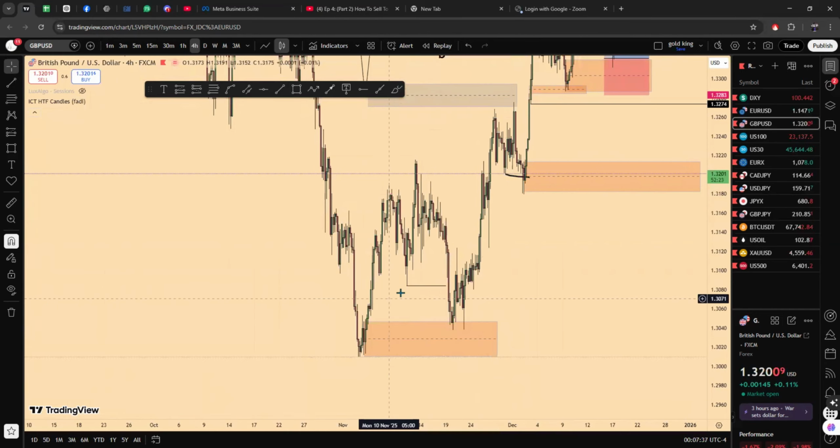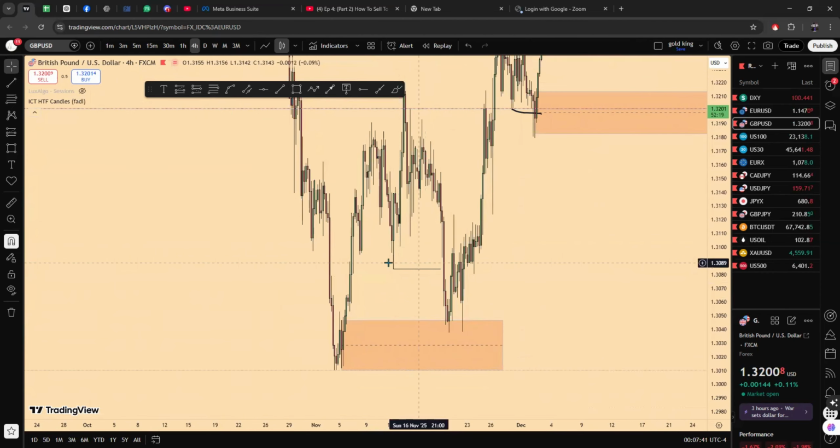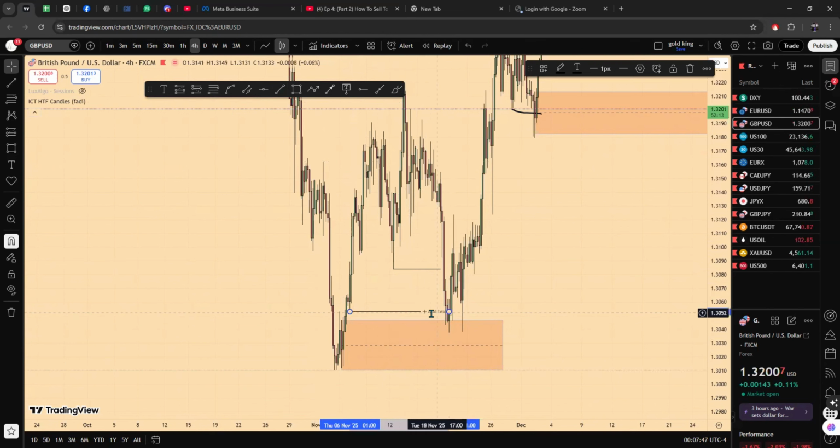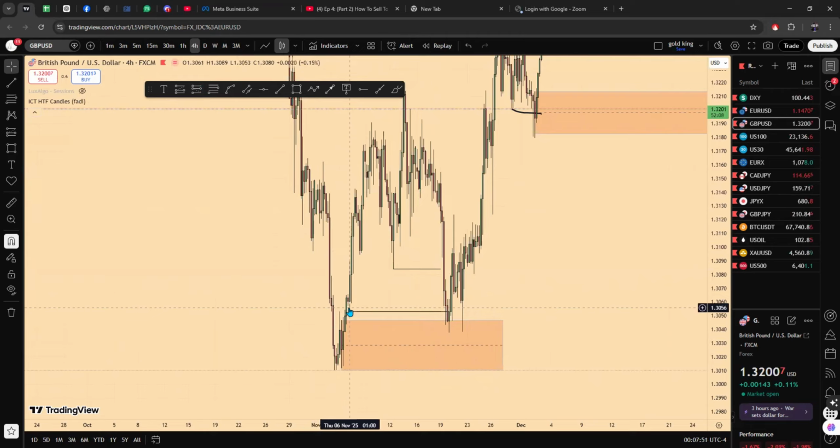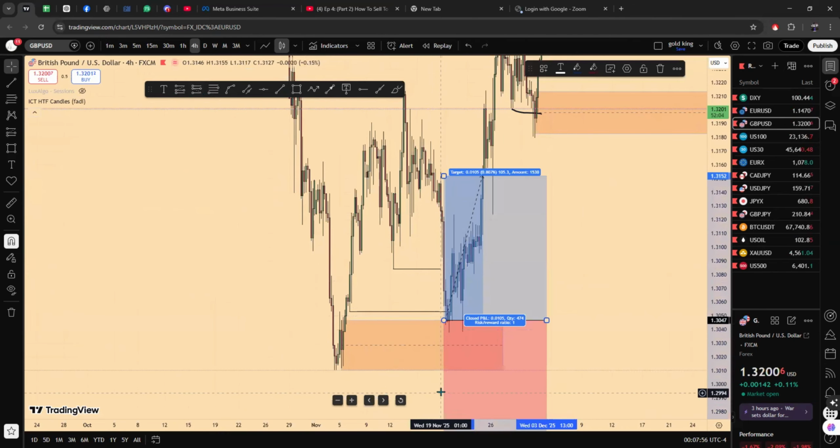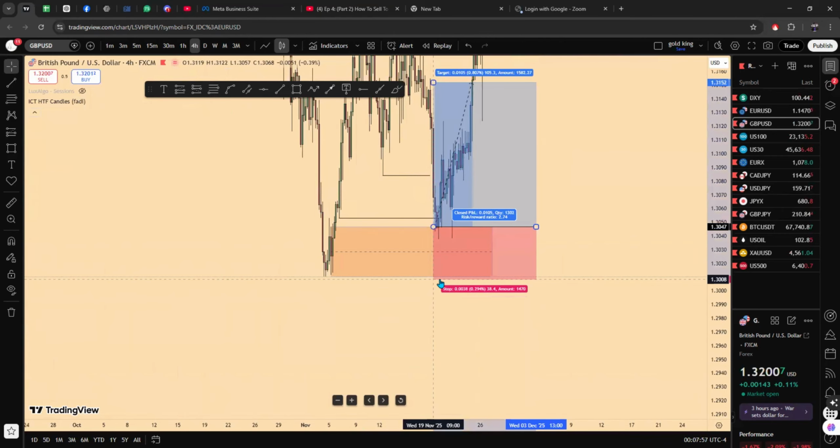I want to believe that this inducement is quite far. If it is that far, there is still one here, this swing low. It's going to be much clearer on the lower time frame. If you have used this as your inducement, then that will be good. Your stops would still have been down here, and that will be okay.